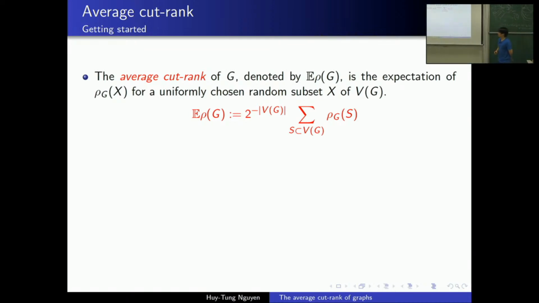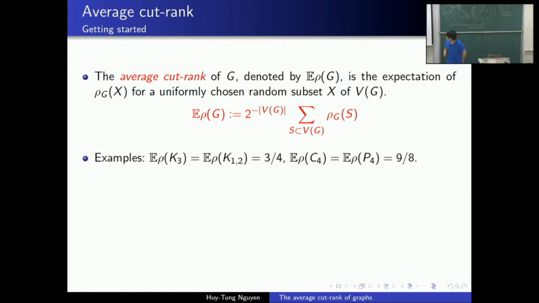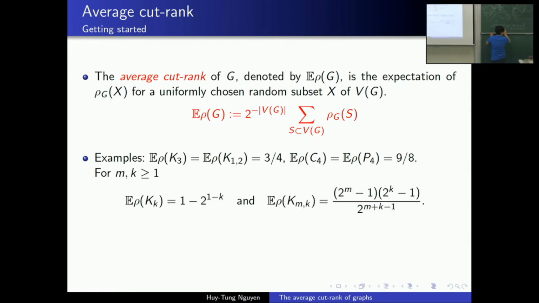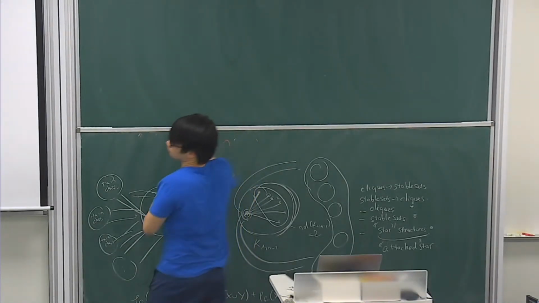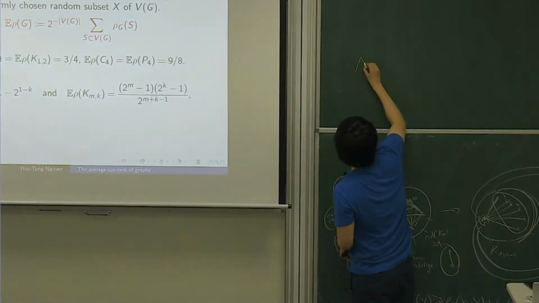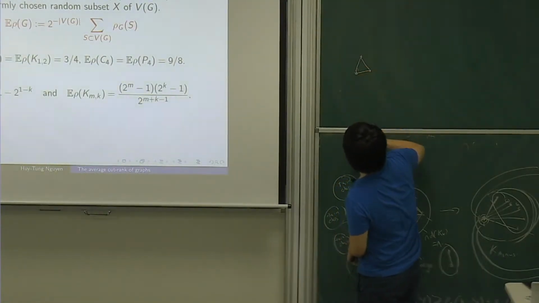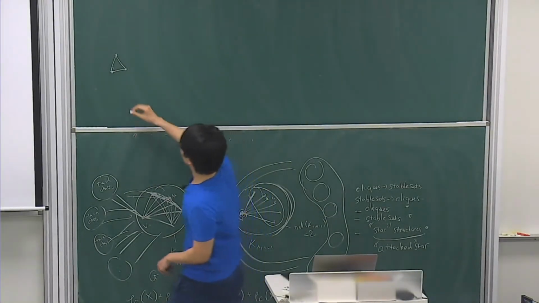Okay, so now I'll go to the average cut rank. It's just the expectation of the cut rank of X for a uniformly chosen random subset X of V(G). Formally, we can write it in this form. And we have some examples here. Let's compute the average cut rank of K3, for example.